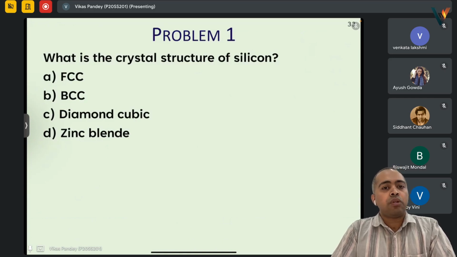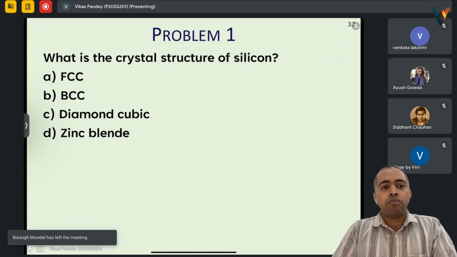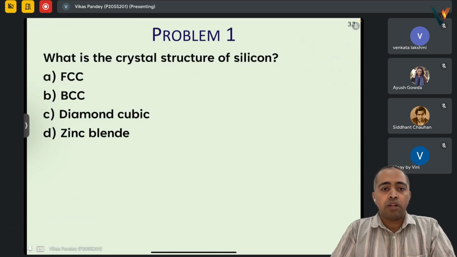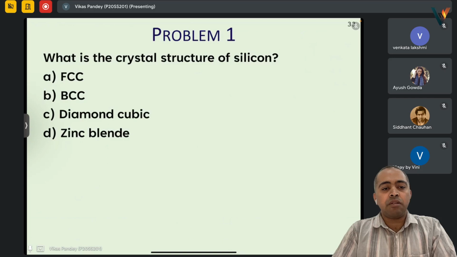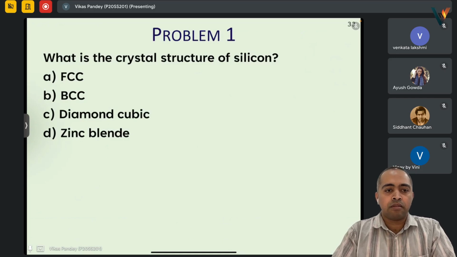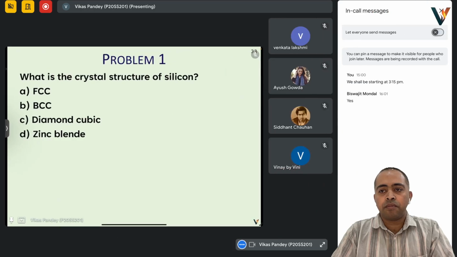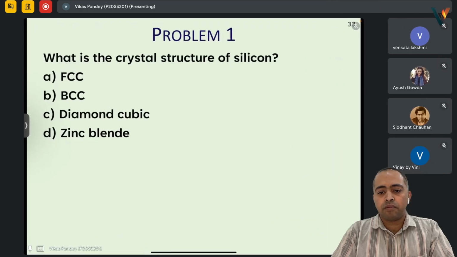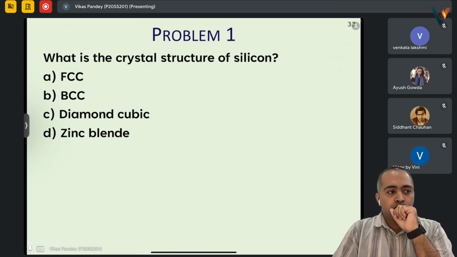Okay, let's do some questions related to the topics covered in the present class. What is the crystal structure of silicon? FCC, BCC, diamond cubic, or zinc blende? Anyone?